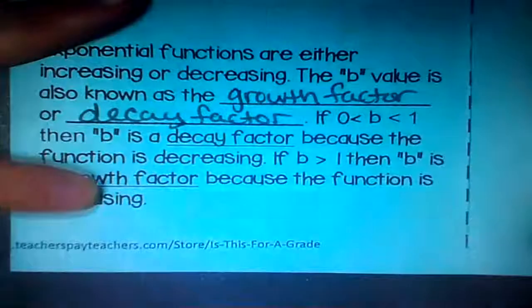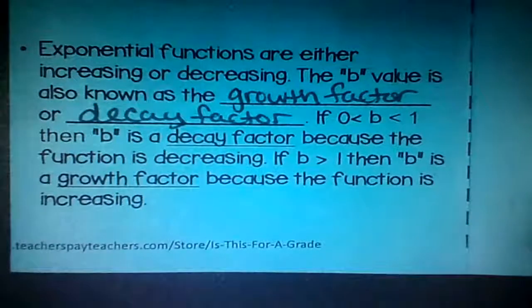Growth would mean that my line is increasing. Decay would mean that my line is decreasing. It's dying off. You actually deal with these more in science class, when you talk about the growth of cells, the growth of bacteria, the decay of bacteria.